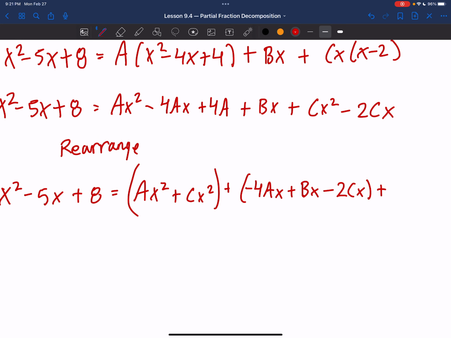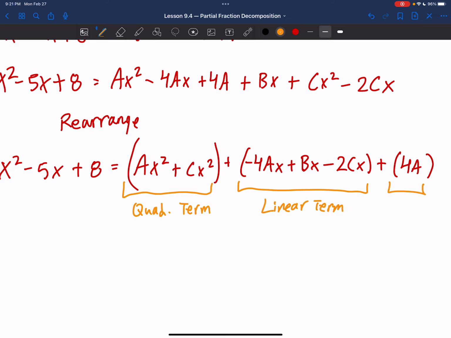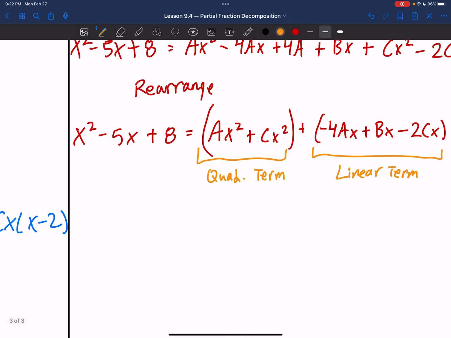And then plus 4a. So I want you to notice something. This is your quadratic term, this is your linear term, and this is your constant. See how it looks like standard form?